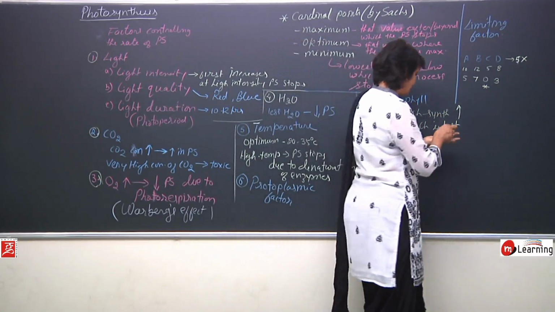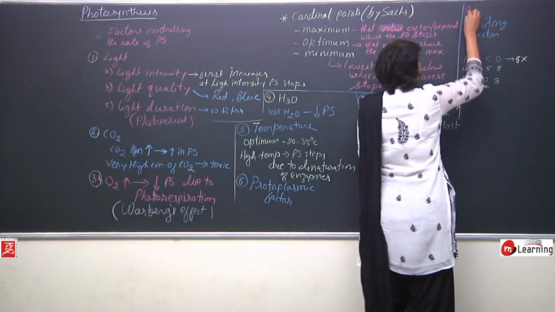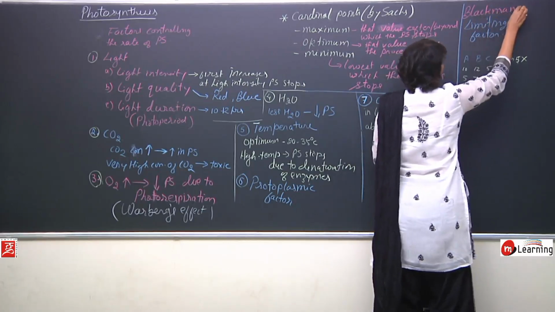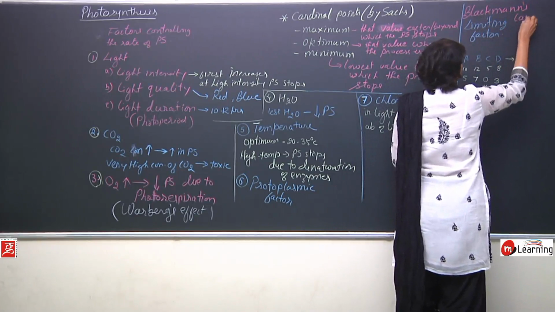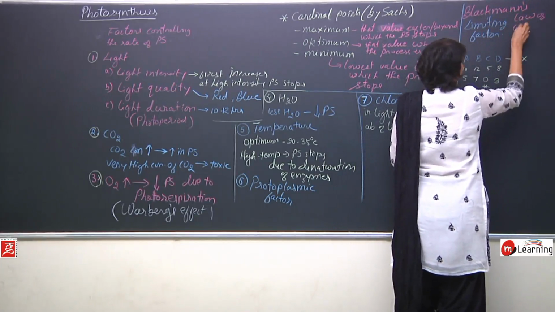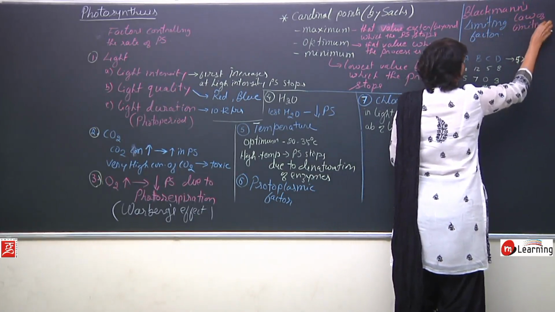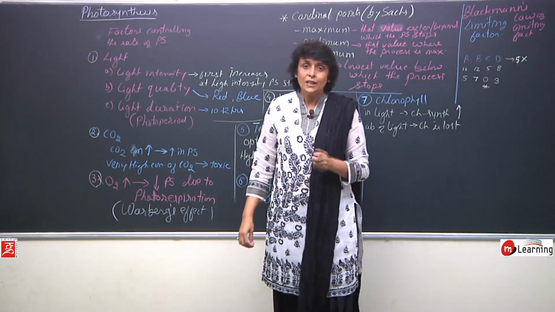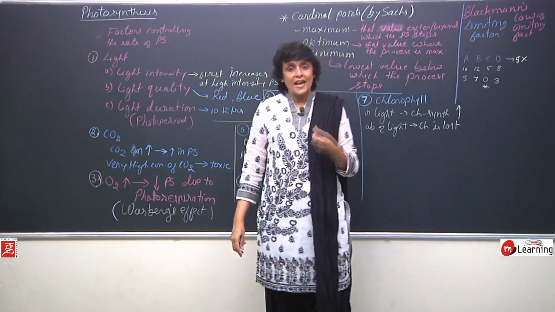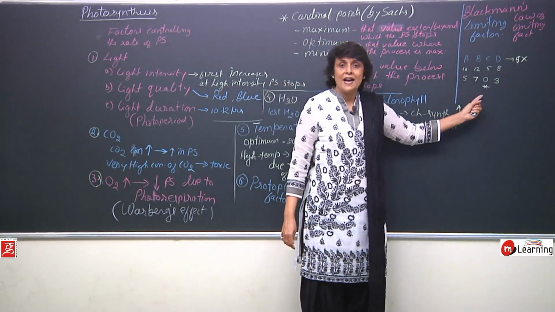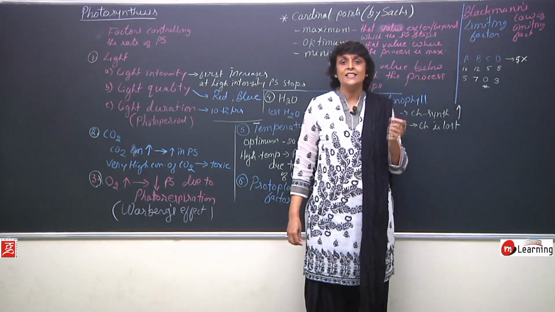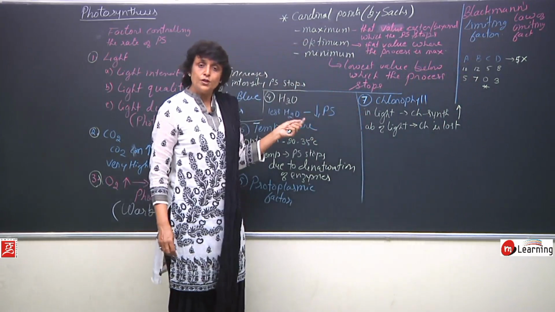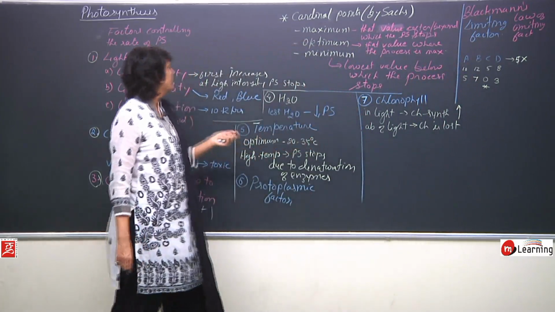This is known as Blackman's law of limiting factor, which says that in any process, the rate of the process is decided by the factor which is in its minimum quantity. So, in photosynthesis, anything can act as a limiting factor.